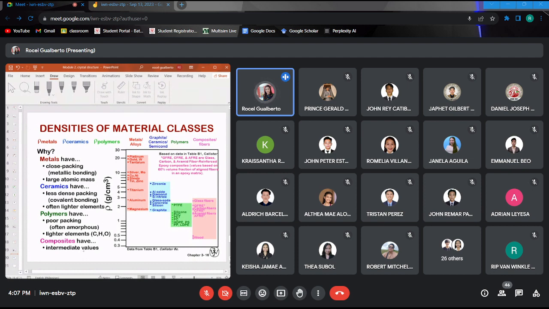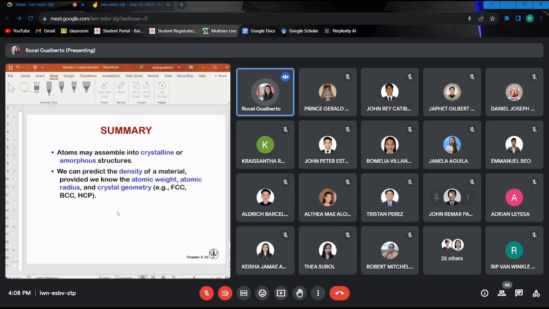Kaya sabi nga po dito, this has intermediate values. Okay? Say, pinasama mo po is yung metal and the ceramic. So, you would observe na mas mataas yung kanyang density as compared sa itong dalawa, yung pagsamahin mo. Okay? So, doon po nakikita yung value nung sa composite. Kaya nagva-vary po siya dependent upon the material classes. Okay?